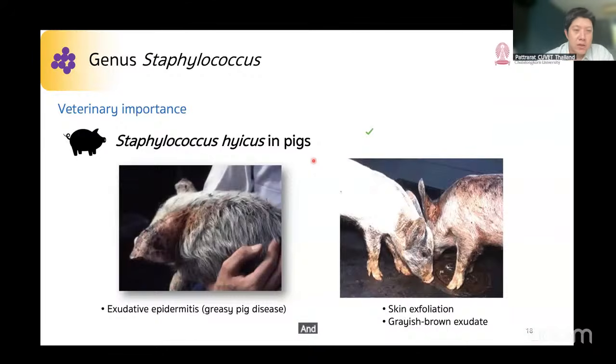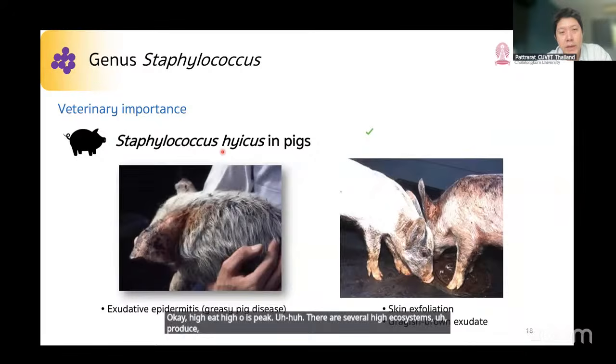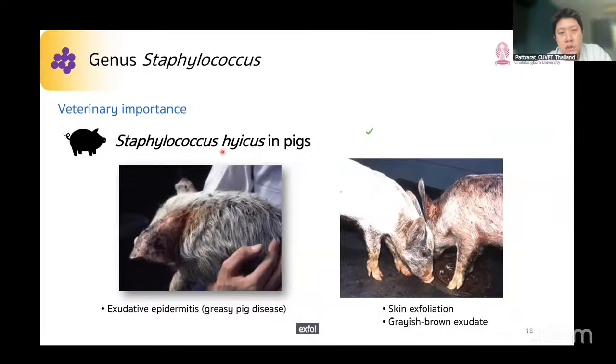And the next is Staphylococcus hyicus. Okay, hyo is pig. The Staphylococcus hyicus produces exfoliative toxins and causes exudative epidermitis, or we can call it the greasy pig disease because of the grayish brown exudates.